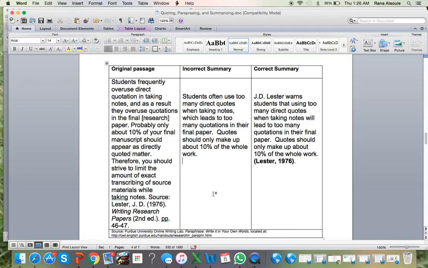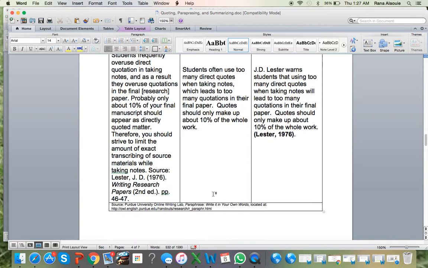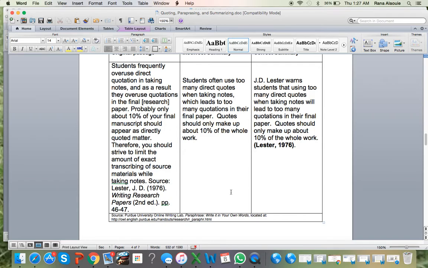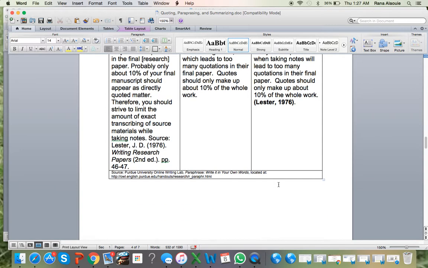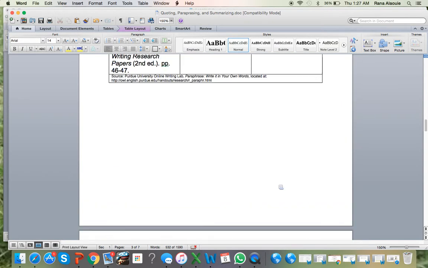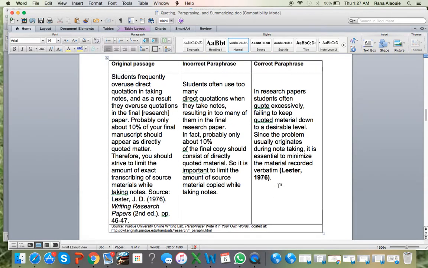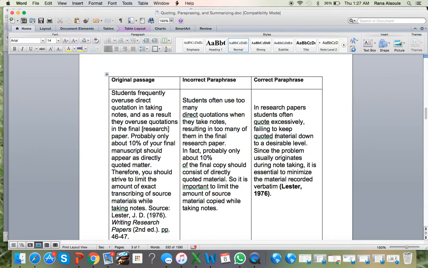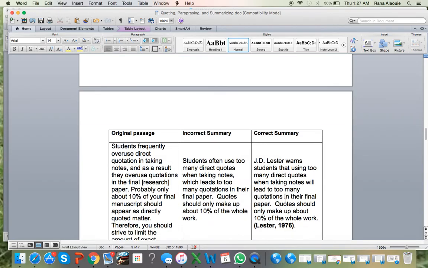But look at the length. If you compare, it's much shorter than the original passage. All that was put in the summary, different than the paraphrase, were just the main points. And that's important to notice, the difference between the summary and the paraphrase. Look at the paraphrase here, it's much longer than the summary.